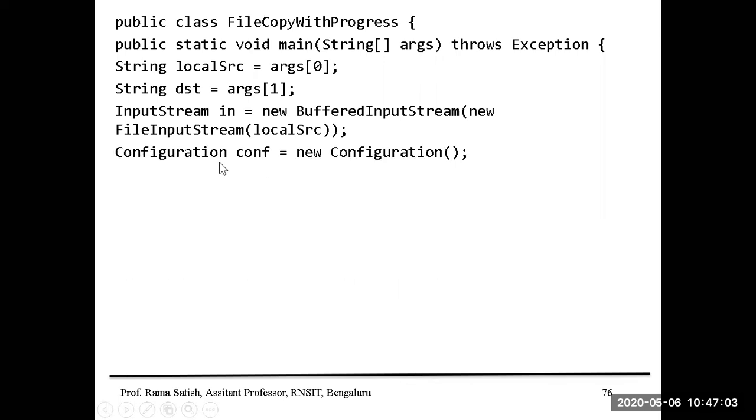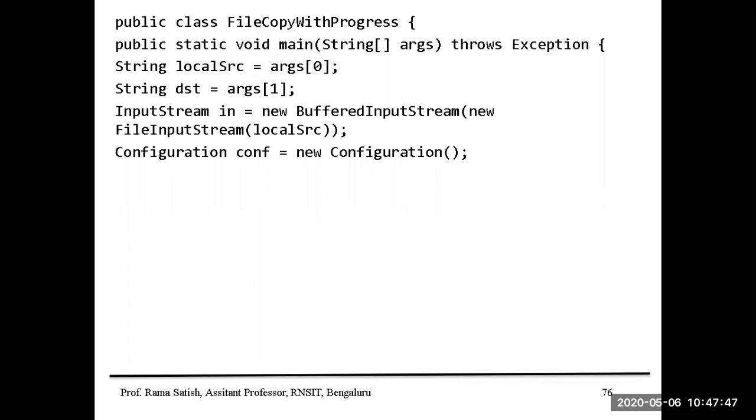After this comes the configuration information, which is very, very important. Through this configuration object, your program comes to know where the data has to be written: the number of blocks, which data node the first block is stored in, which data node the second block is stored in, and where the third and fourth blocks go.